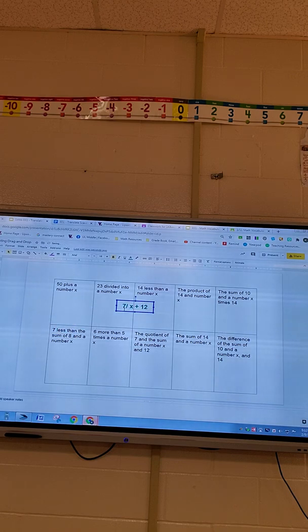So that is 7. This is going to be the quotient. It's going to have something about the quotient of 7 and a number plus x. What's it going to be? The quotient of 7 and the sum of a number x plus 12. All right, the quotient of 7 and the number, right here. So you're going to place that right there, okay?